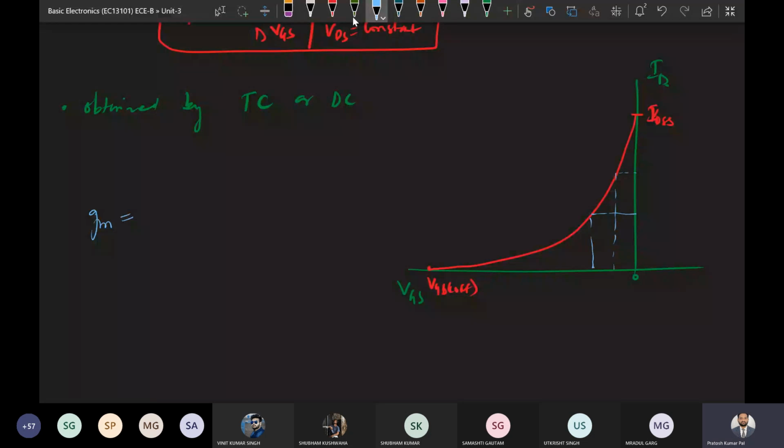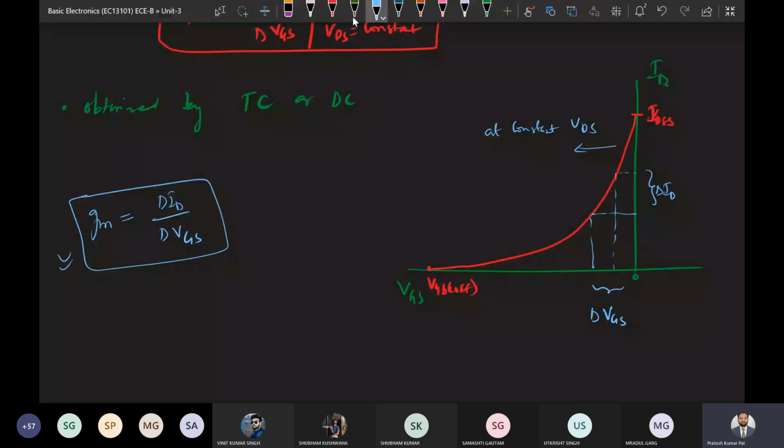So this will be change in VGS, and this is change in ID. So by finding this, change in ID divided by change in VGS, and this is plotted at constant VDS. So this plot is at constant VDS. Okay, so this relation is going to give us the GM.